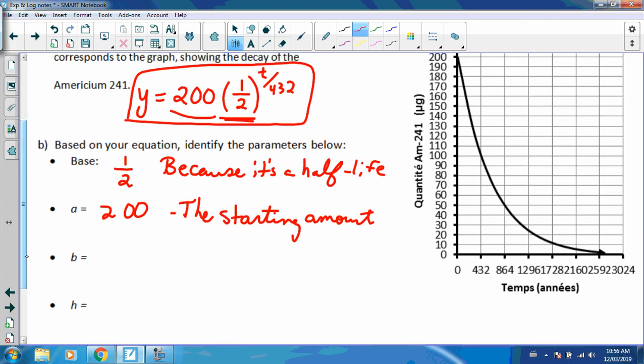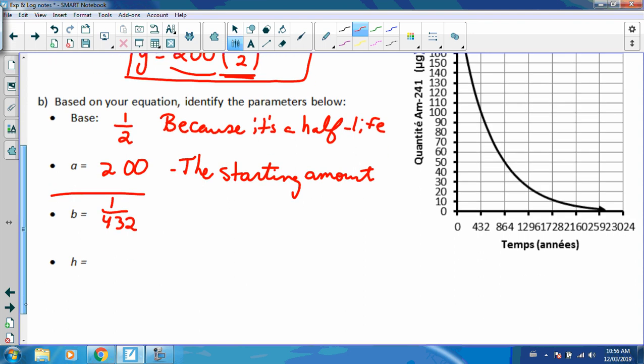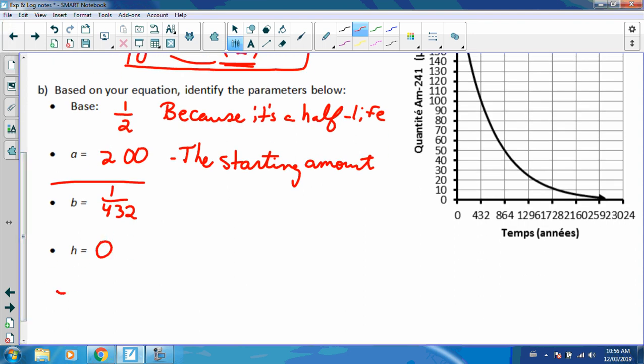B is really 1 over 432. There's B. H and K are both 0 in this example.